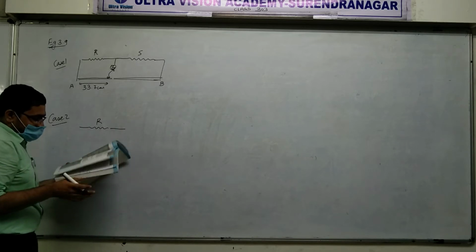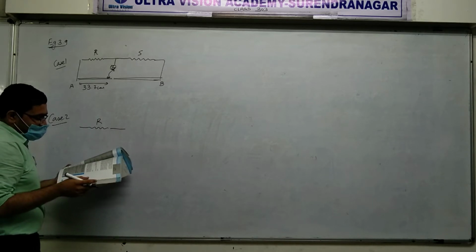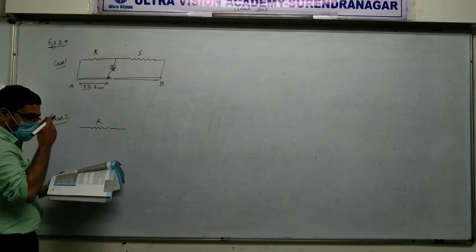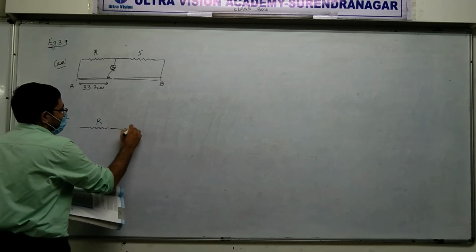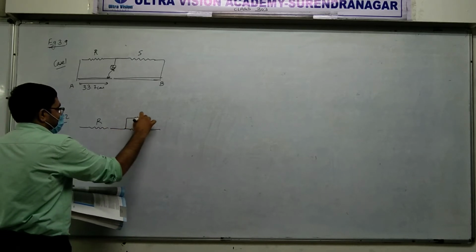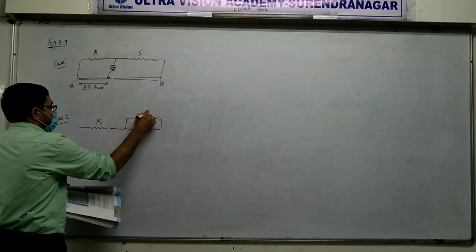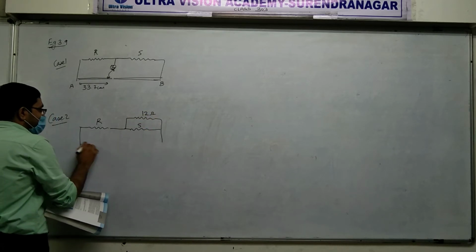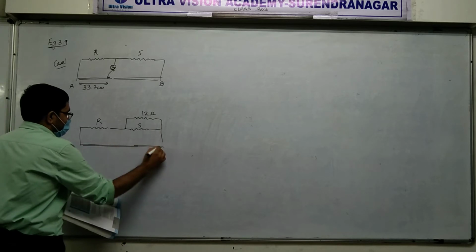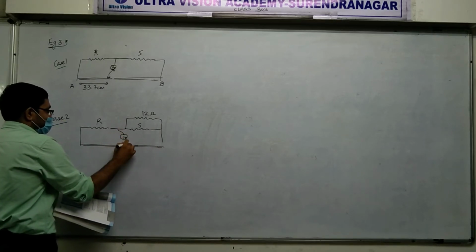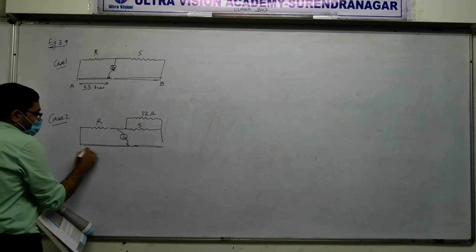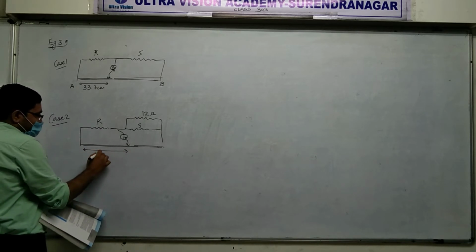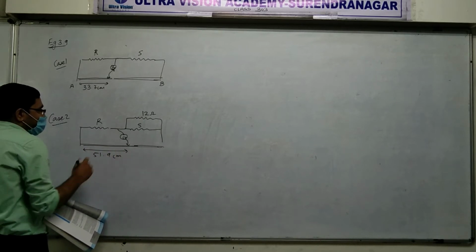We are connecting a resistance of 12 in parallel with S. Now the new null point is at what length? 51.9.